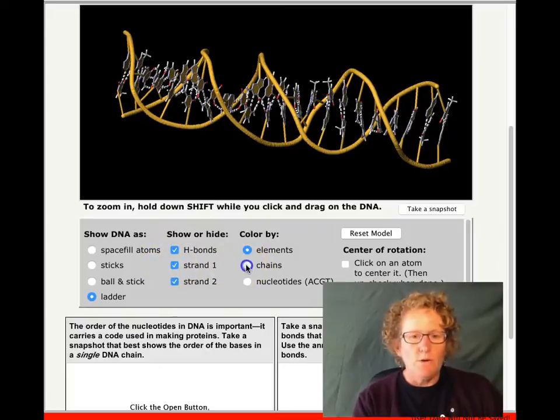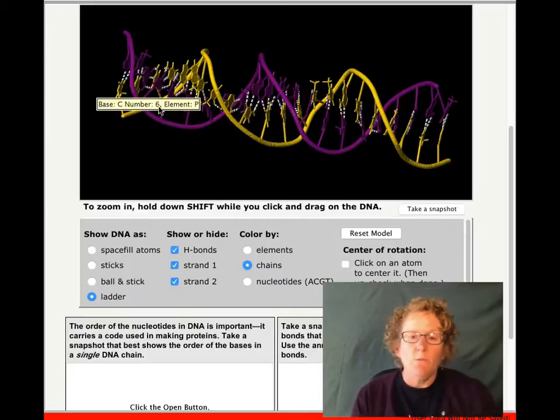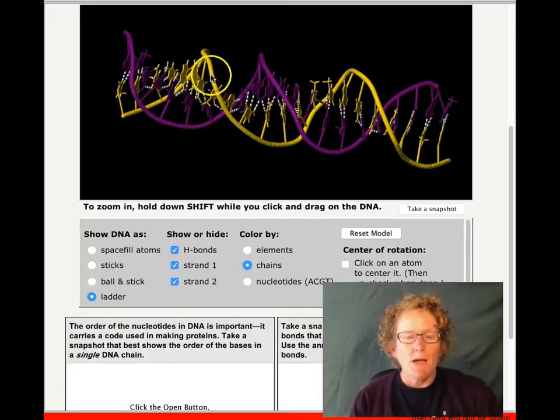If we show chains here, those hydrogen bonds show up a little bit better. You can see how the yellow side, or one side of the DNA, it's not really yellow in real life, but we use the model here to be able to see it better, is bonded at the base with the other side of the DNA.